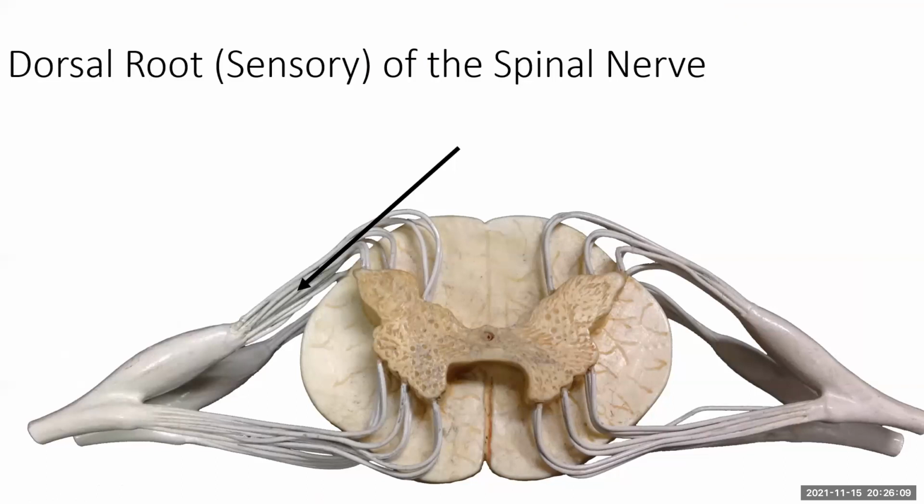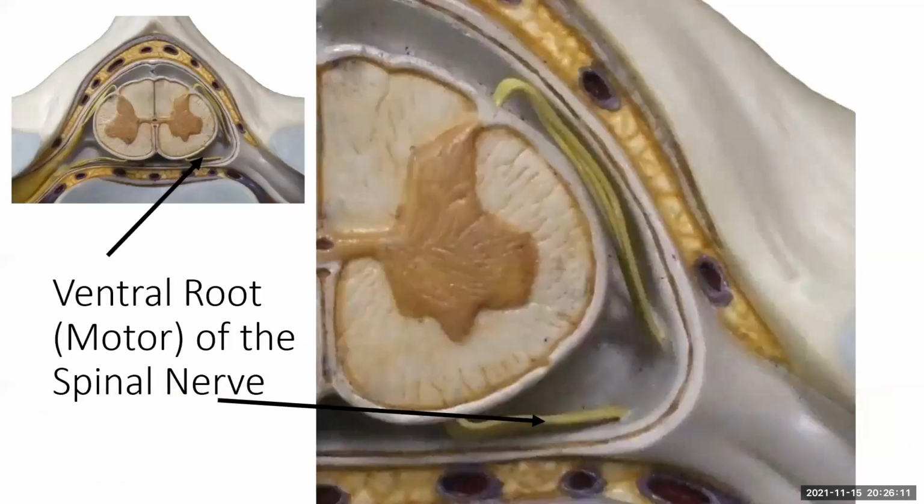Sensory goes into the back. Well, that was on the front. Now that was on the back. Now we're on the front. And so you can see here, we have our ventral root, also known as the anterior root of the spinal nerve. You can call it the motor root also.